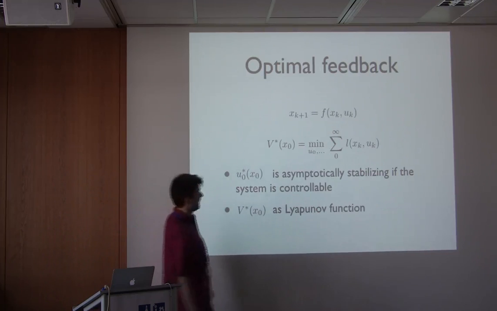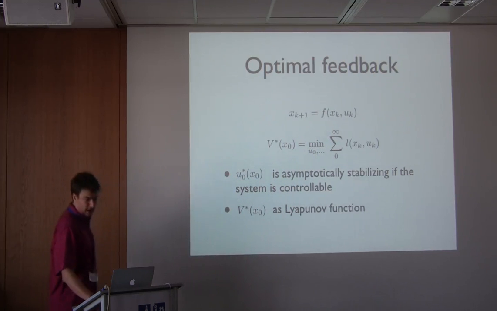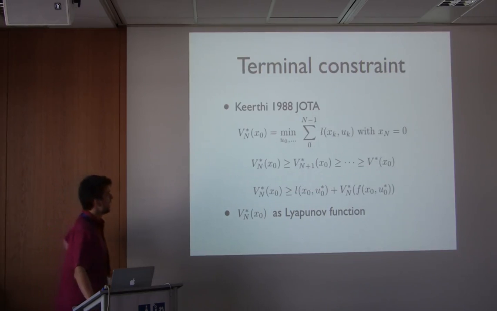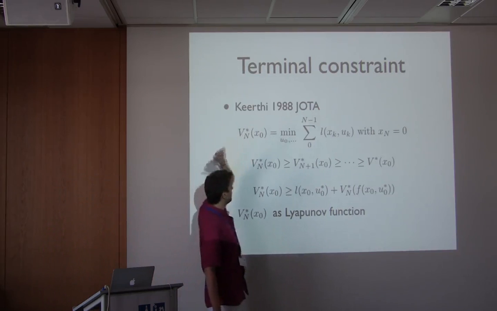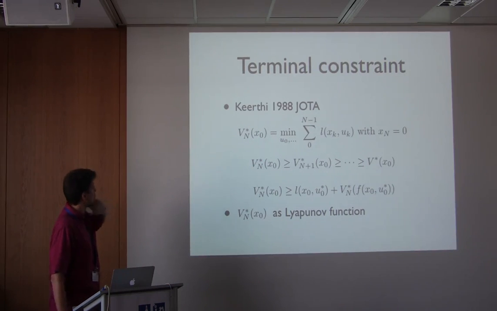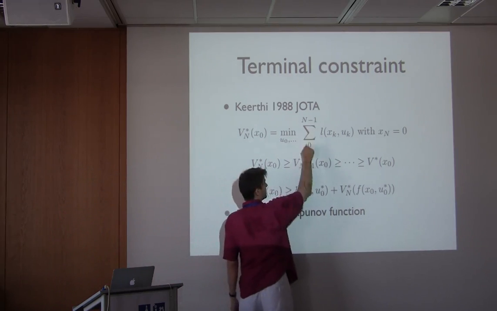Now the problem, of course, is that we still have this infinite sum. And that's where model predictive control comes in. In model predictive control, you have this milestone paper. What they propose to do is use a finite sum.